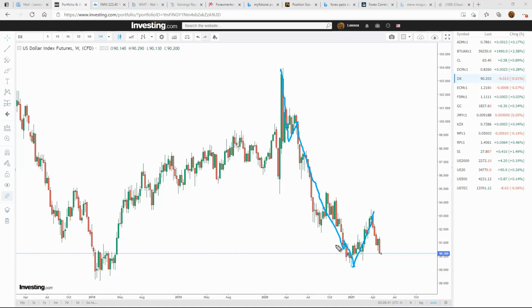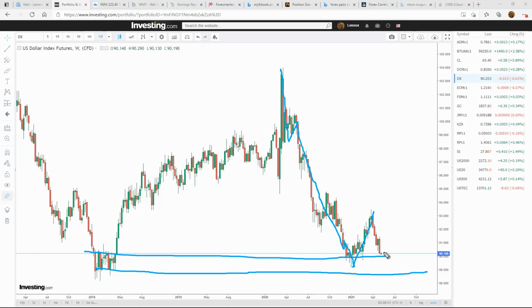So now the key question here is, since we're very close to a support area, is this the end of this move to the downside? Are we going to get a bounce here and continue back up, or are we going to continue straight down?